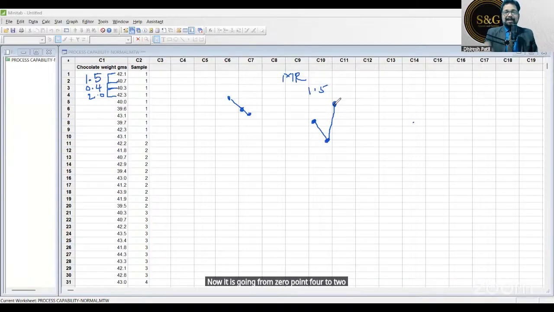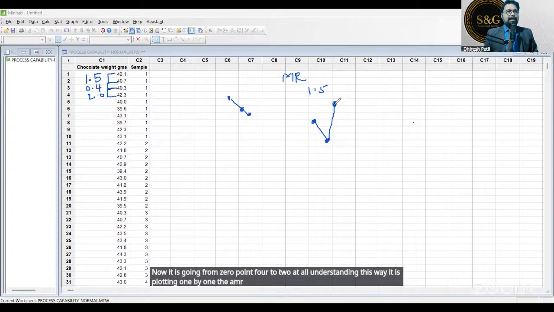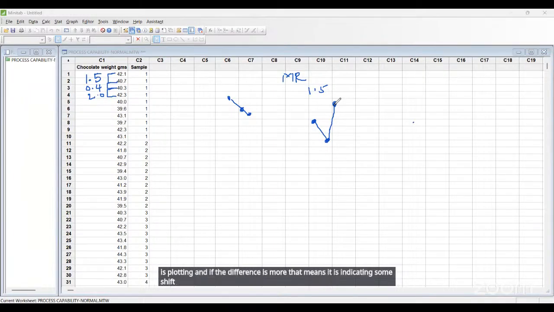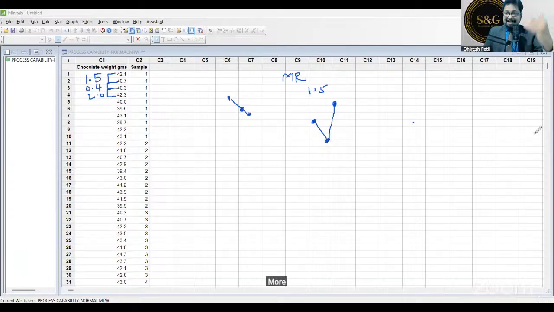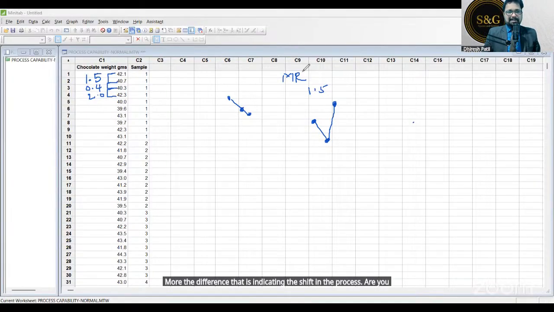Are you understanding? This way it is plotting the MR one by one. Clear? It is the difference of consecutive points. And if the difference is more, that indicates some shift. The more the difference, the more it indicates a shift in the process. Are you clear with this? Just give me yes in the chat box.